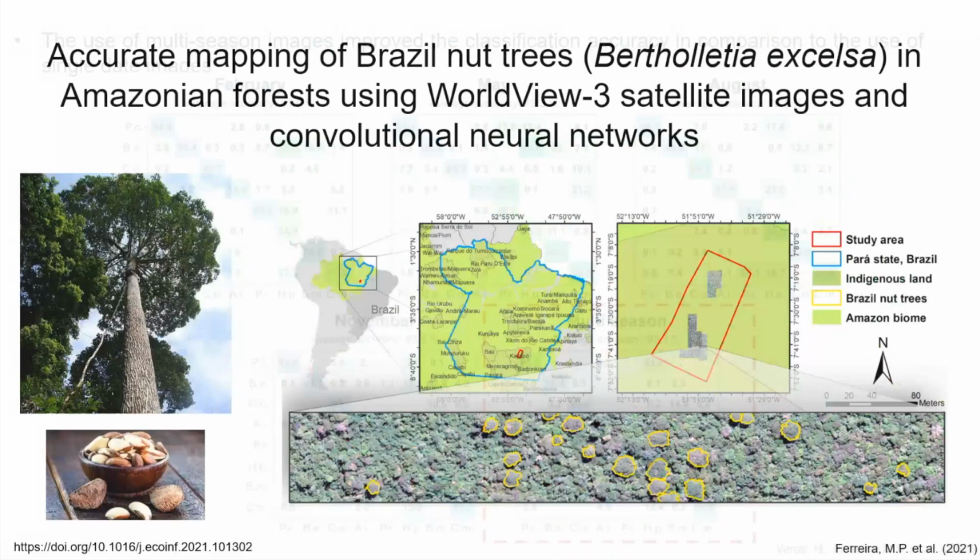The other work we performed in the Amazon was to map Brazil nut trees, Bertholletia excelsa, using WorldView 3 images. Brazil nut trees, as you probably know, are also a very important non-forest product, particularly in the Amazon.